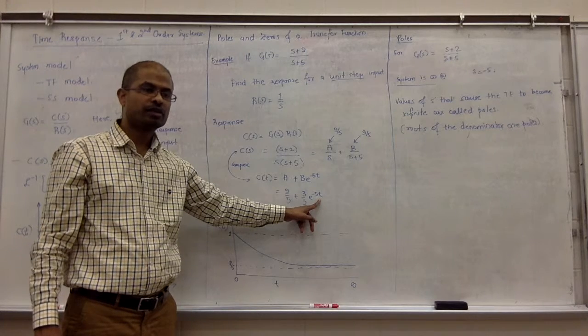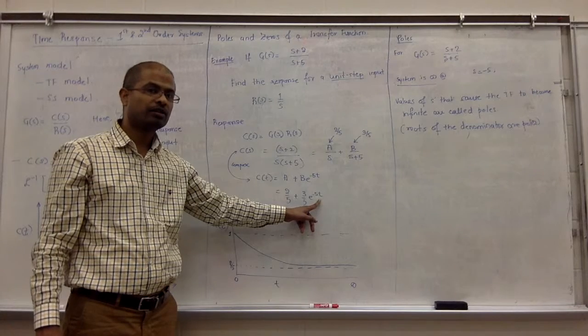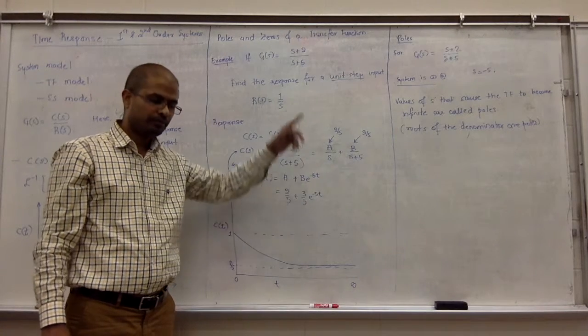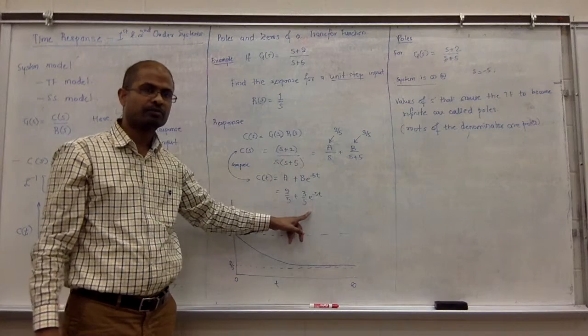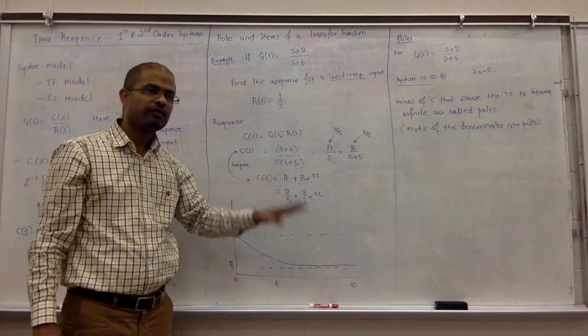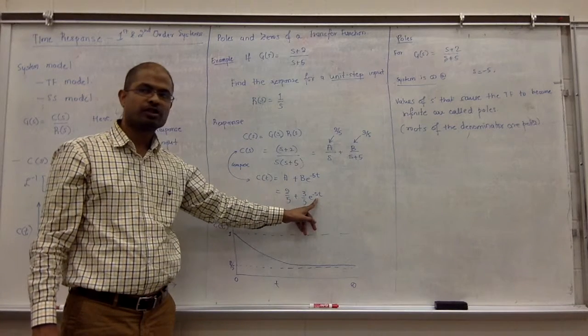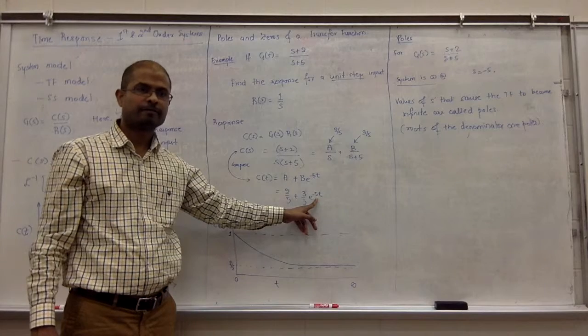So what this means is, if you're looking at a spring mass damper system and you want to stop it very fast, you design your system such that this 5 is large.